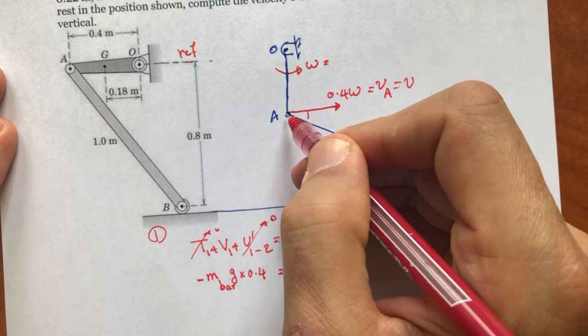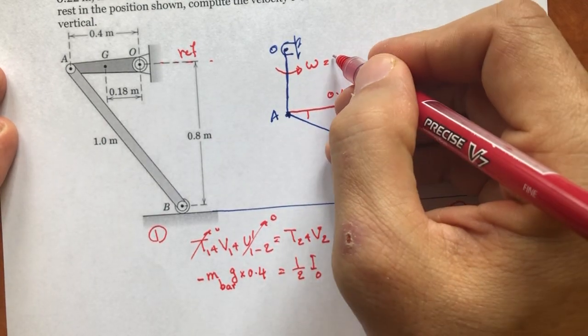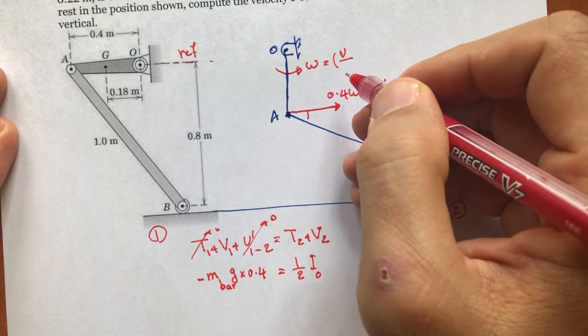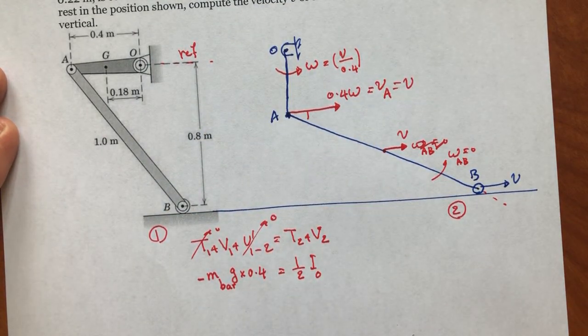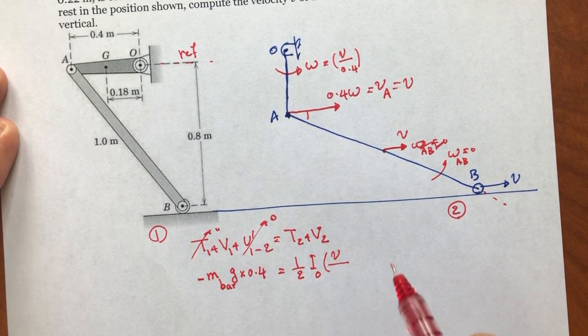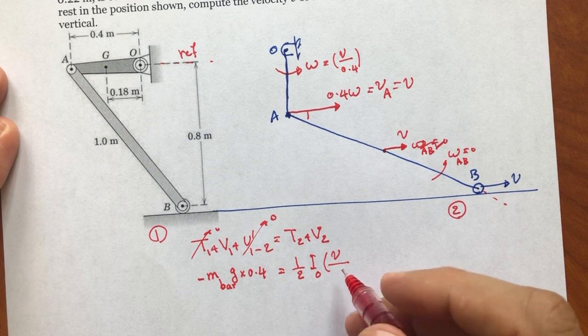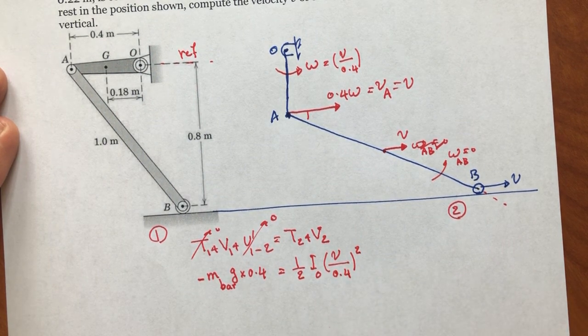Omega is going to be equal to velocity of A divided by OA, so it is equal to V divided by 0.4. So 1/2 of IO times V divided by 0.4, squared.